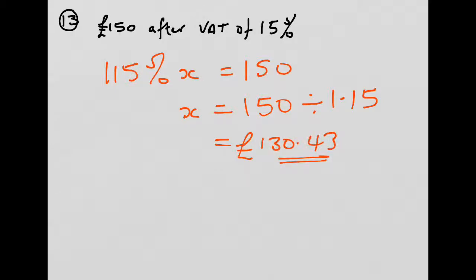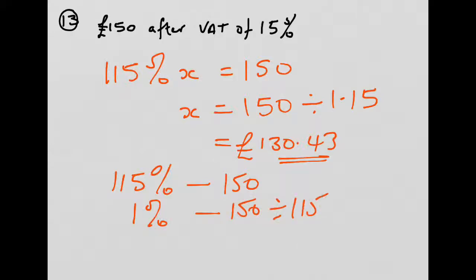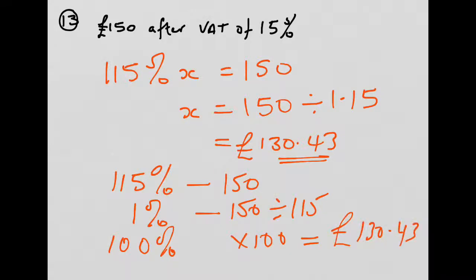The other way to do it is, if you know that 115% is equivalent to £150, find 1% by doing 150 divided by 115, and then find 100% by multiplying by 100. You'll get the exact same answer, £130.43.